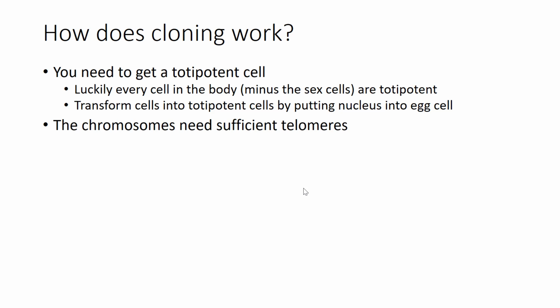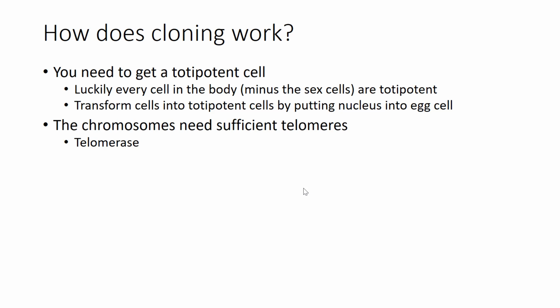The problem is that every time the stem cells in the skin, not the germ cells, divided to produce new skin cells, the telomere shortened. And so you're taking an old nucleus and putting it into a new cell, but the number of cell divisions possible is going to be determined by the length of those telomeres.